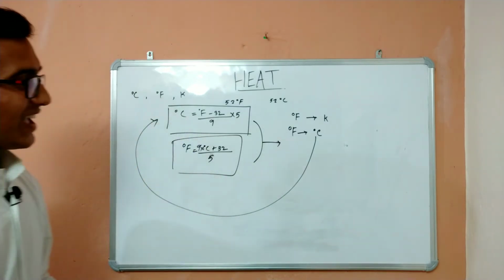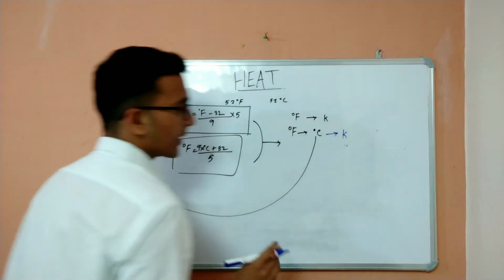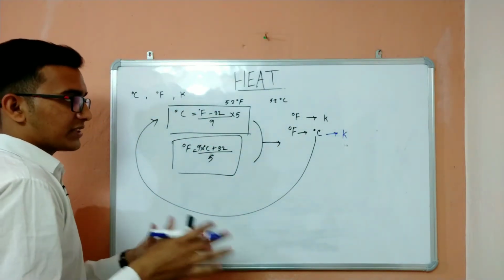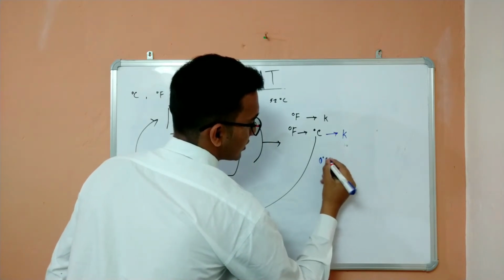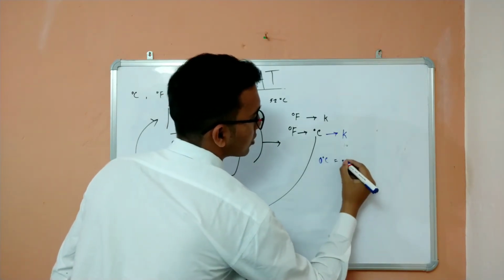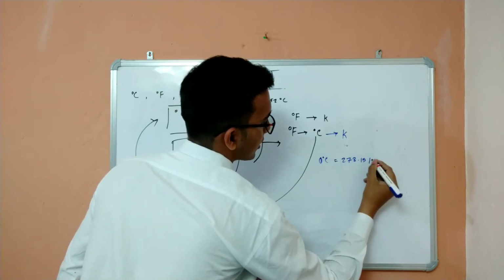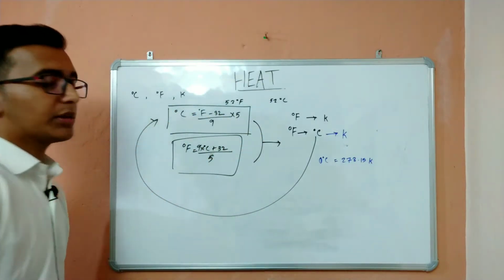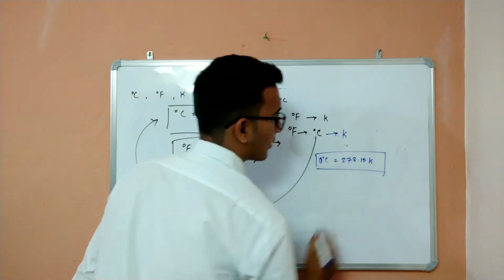It's very easy. And then you convert Celsius into Kelvin. The basic relation of Celsius and Kelvin is 0 degree Celsius is equal to 273.15 Kelvin. Keep that in mind.